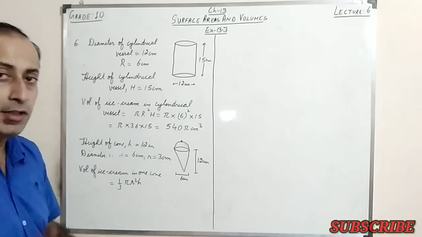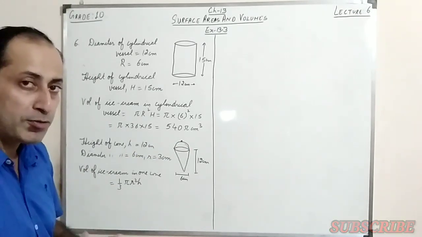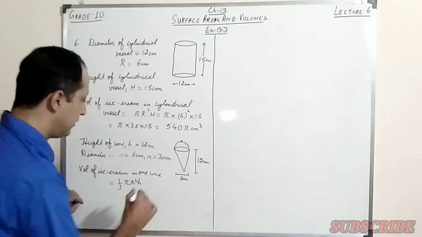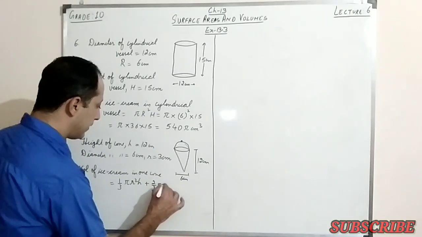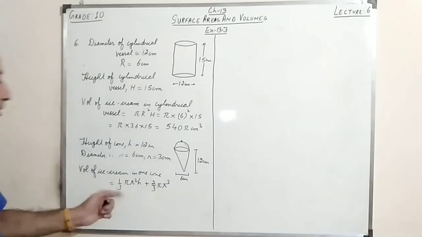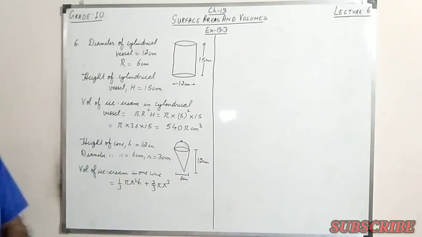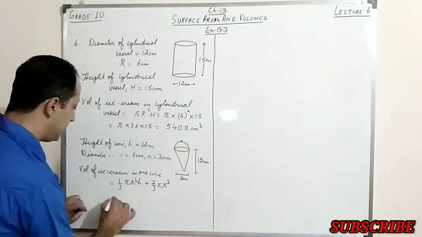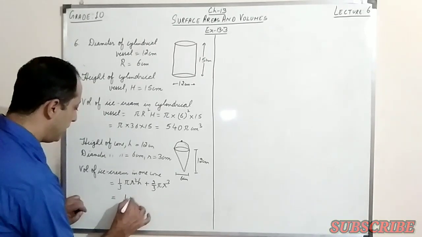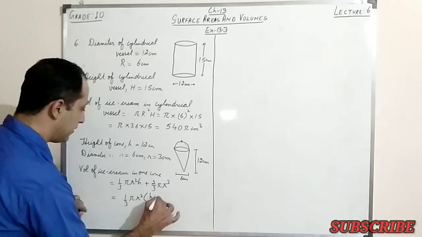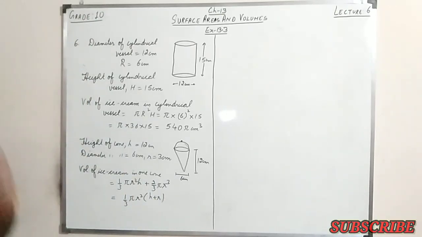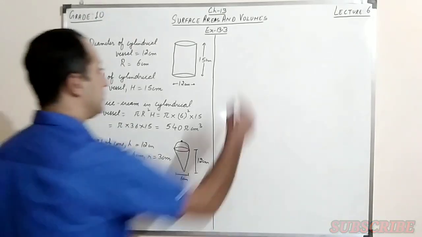We have a hemisphere on top also, so we will add the volume of the hemisphere, that is 2 by 3 pi r cube. Now what we can do is take something common here. The common thing here is 1 by 3 pi r square, and inside the bracket I have h plus 2r, right?